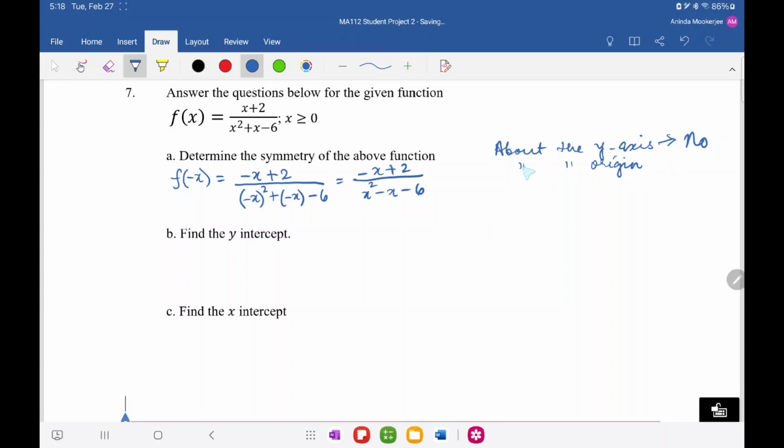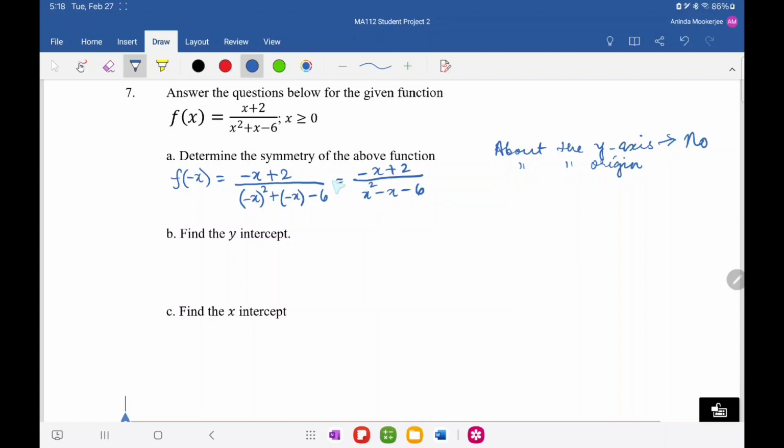What about the symmetry about the origin? Now, for that, we have to check if all the signs in the resulting function have flipped. We see that for the first x in the numerator, it was a positive that has changed to a negative x. However, the next one is a plus 2. That sign hasn't changed. And the same thing in the bottom also.